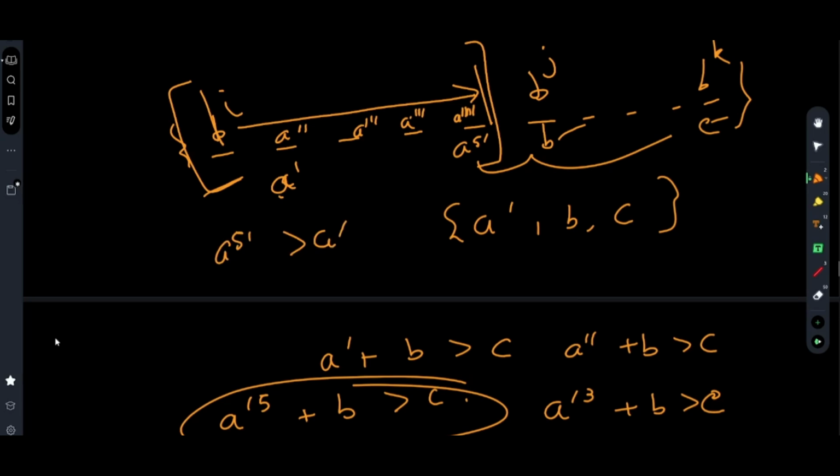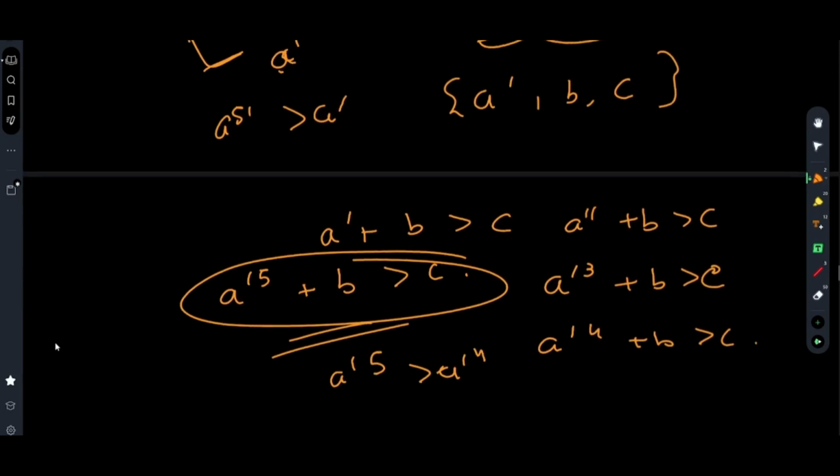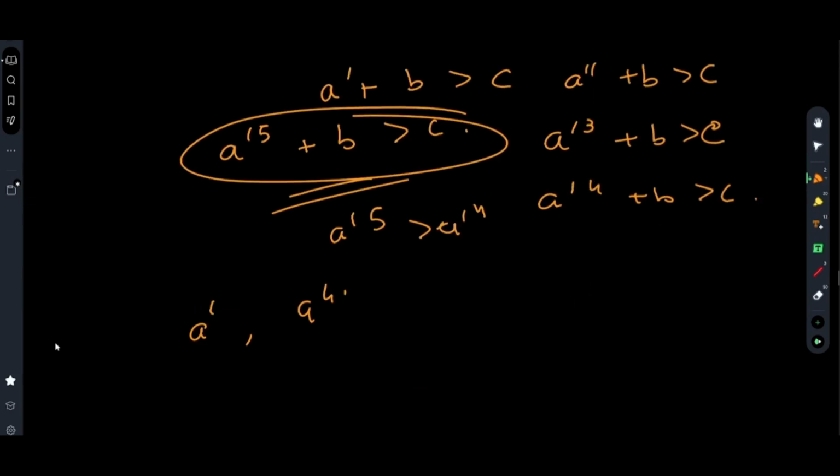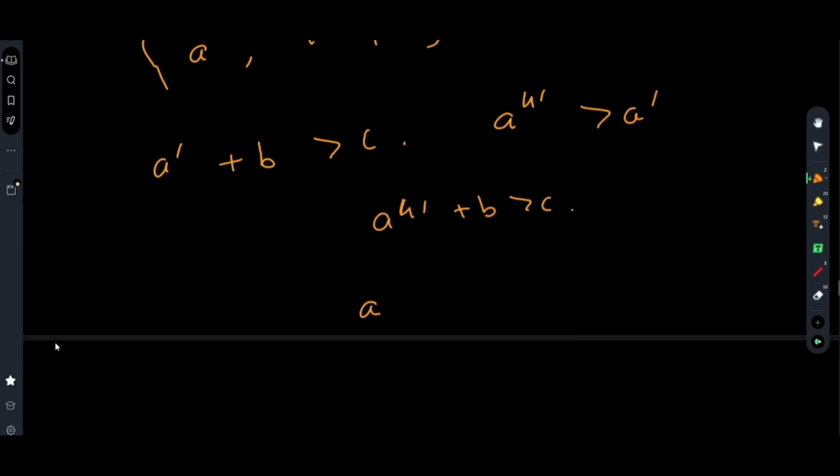Now can you say that A dash, A4 dash and C is a valid triangle? Let us see. If I say A dash plus B is greater than C and A4 dash is greater than A dash, it necessarily means that A4 dash plus B is greater than C. But does it necessarily mean that A dash plus A4 dash will be greater than C?